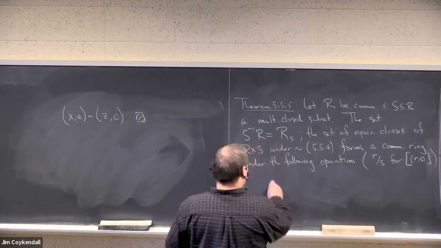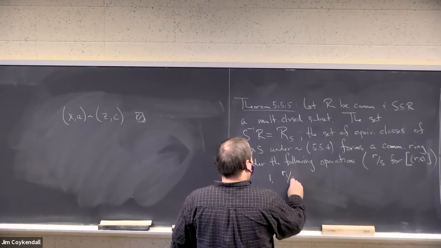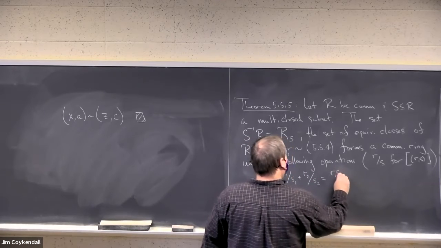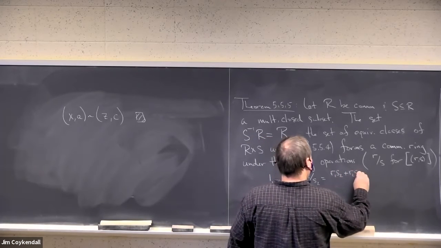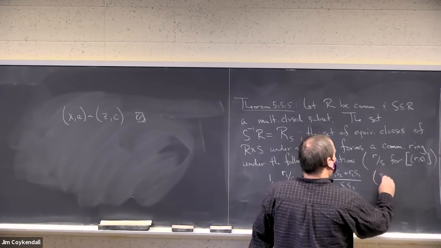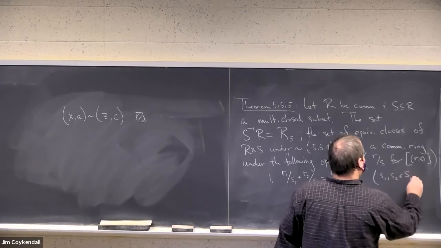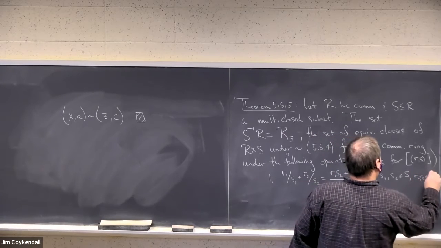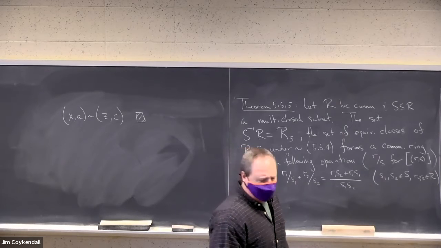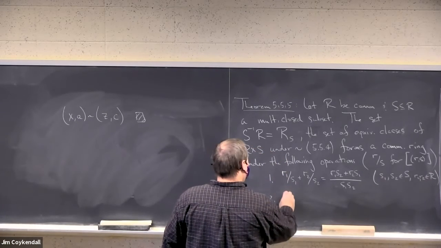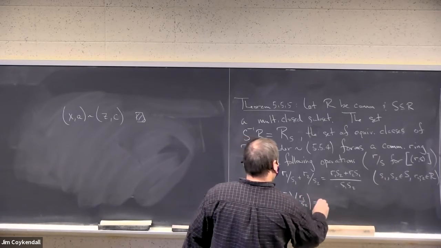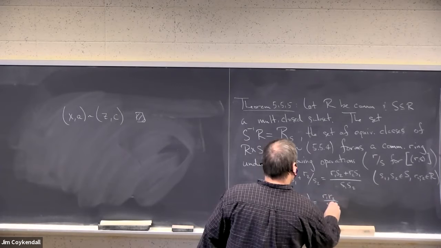And here's the way it works. r1 over s1 plus r2 over s2 is r1 s2 plus r2 s1 over s1 s2. Here s1, s2 are in S and r1, r2 are in R. And multiplication is easier. r1 over s1 times r2 over s2 is the product r1 r2 over the product s1 s2.